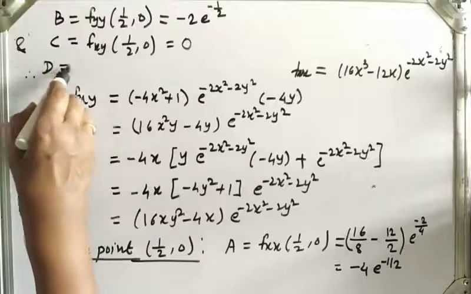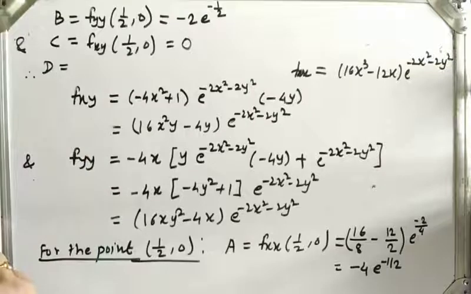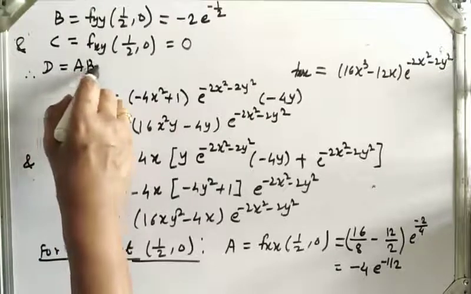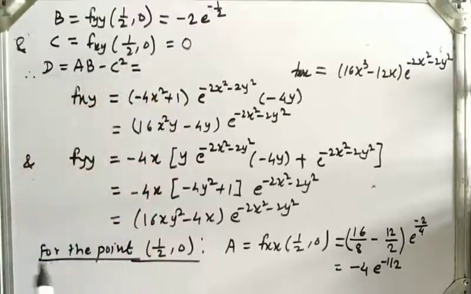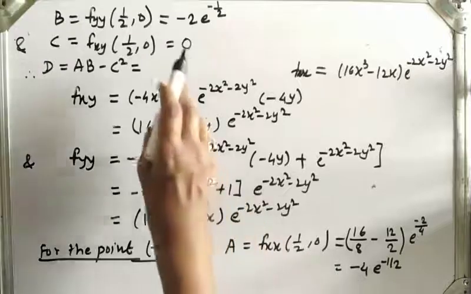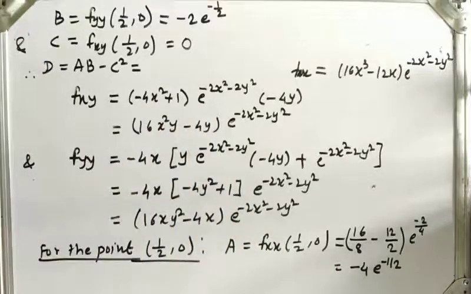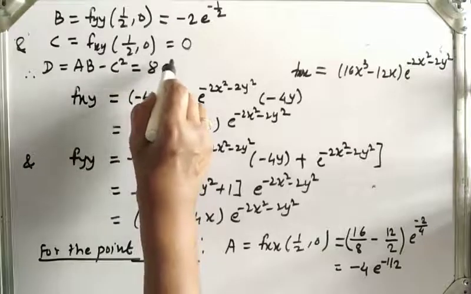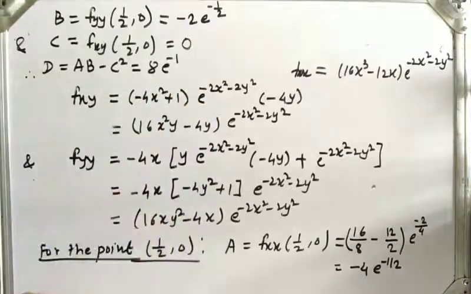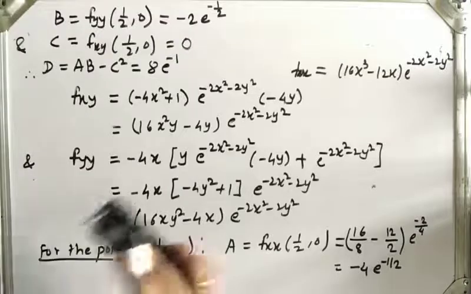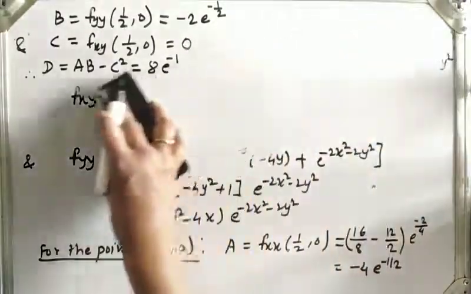Therefore d is equal to a into b minus c square. a into b will be what? a is minus 4 e raised to minus half, b is minus 2 e raised to minus half, so that will be 8 e raised to minus half plus minus half, that is 8 e raised to minus 1. So this is our d. Okay, now for this example, what do we get?